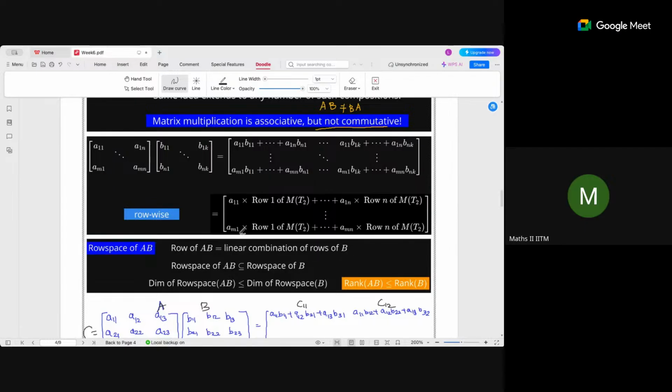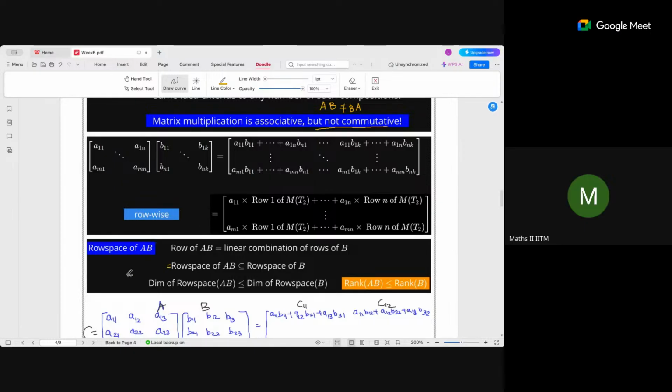So this means the row space of AB is contained in the row space of B. You take any row of AB, it is a linear combination of rows of B. So the row space of AB is a subset of the row space of B, right? What is the row space of AB, by the way?